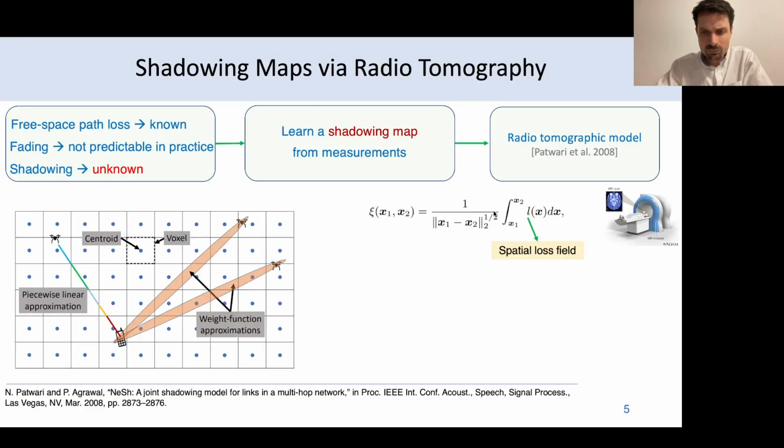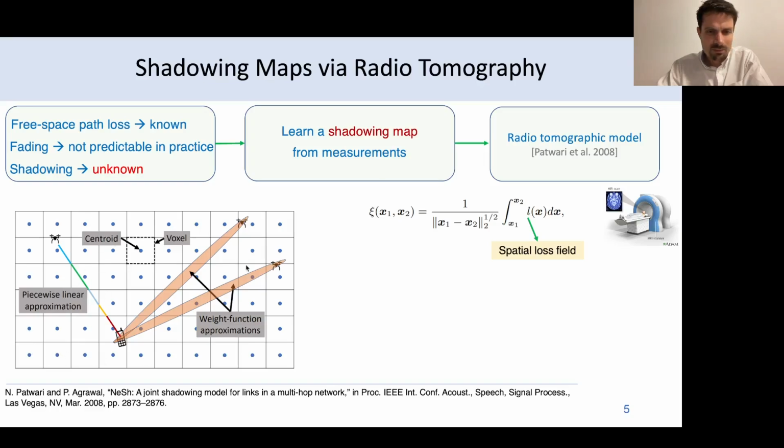So in practice, we cannot really store a function. We need to discretize it, right? So the standard approach is to store the values of L at a set of grid points, which we can also call centroids, these blue dots.